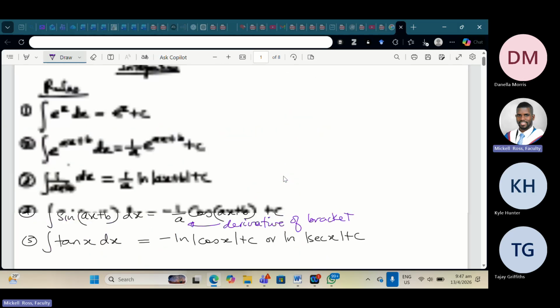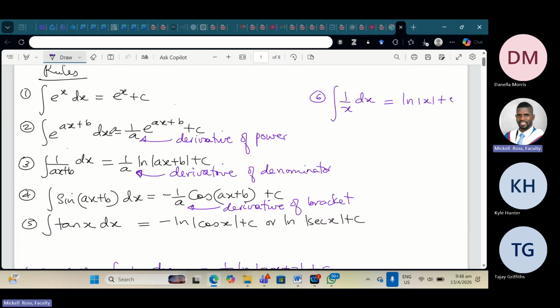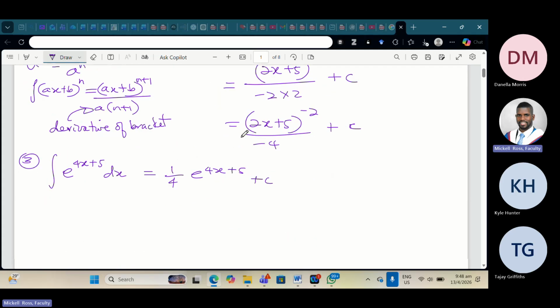So notice this is the rule that applies right here. All right. So it's just 1 over a times the same function plus c, which is the constant of integration.